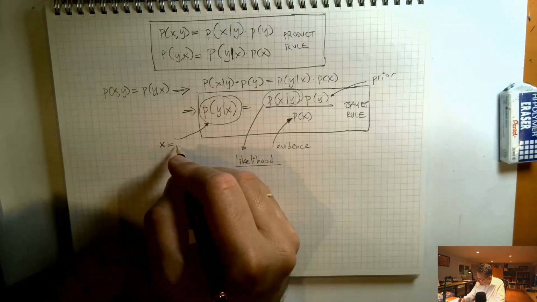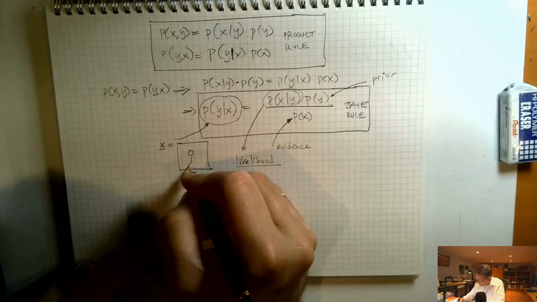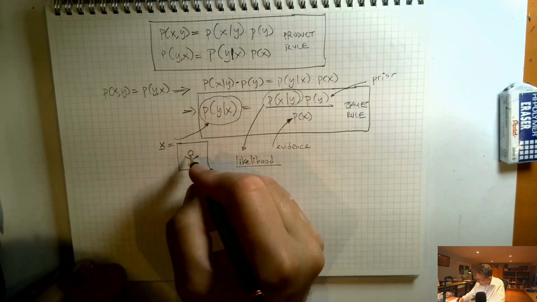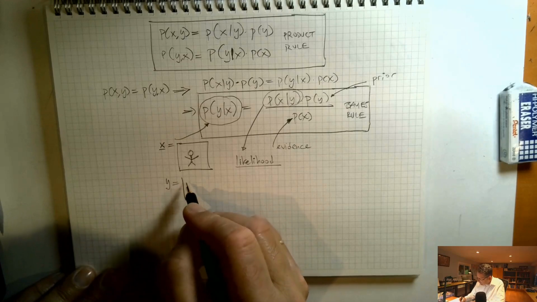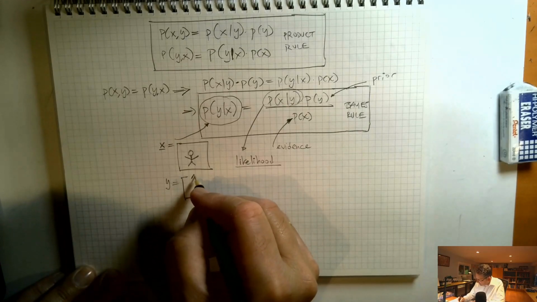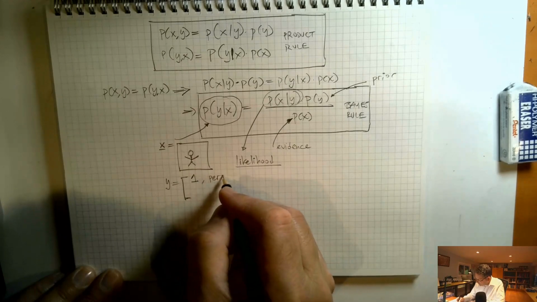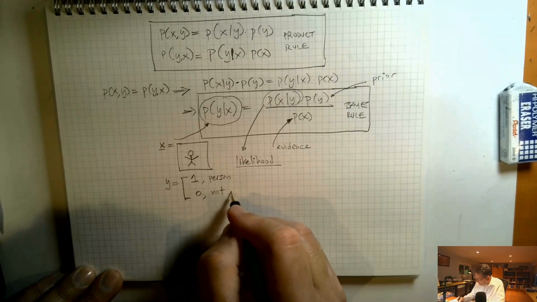Let's say x is an image with, let's say, a person in there. And y will be, let's say, 1 when there is a person, or 0 when there isn't.